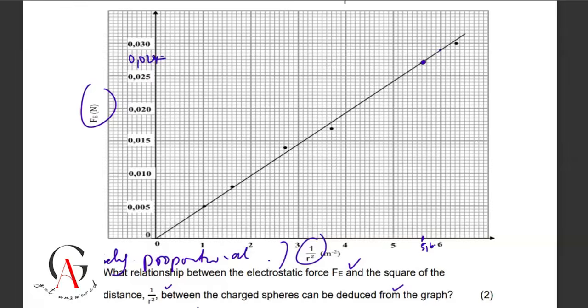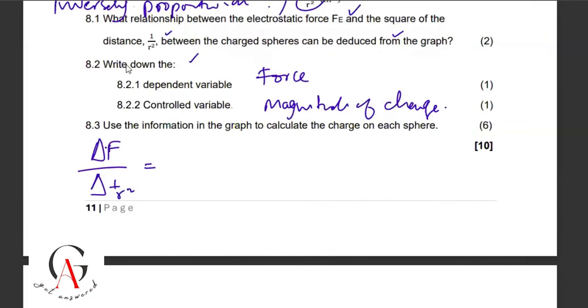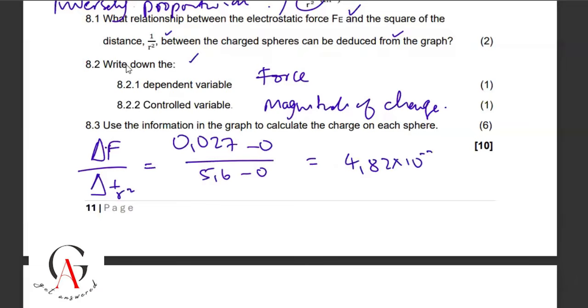Okay, so let's use that and say that we have 0,027 minus 0 over 5,6 minus 0. This becomes 4,82 multiplied by 10 to the negative 3. Okay, now one thing we know when you look at Coulomb's formula, it's KQQ over R squared. Now, when you multiply this, it's going to be R squared alone.